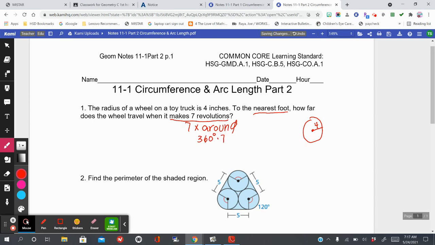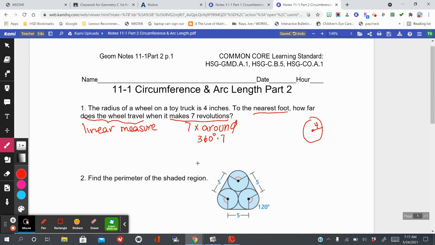So basically, how far does the wheel travel? This is saying the distance that the wheel traveled from start to stop. We call that the linear measurement. It means if you took a tape measure and laid it out, how far did it travel?